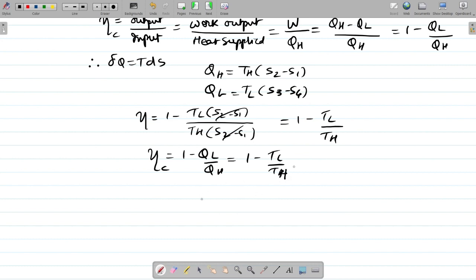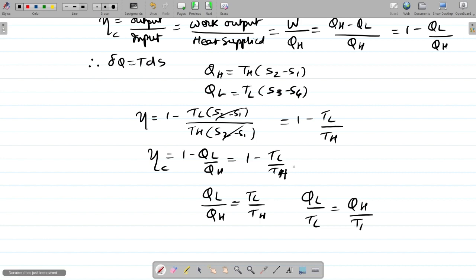The same can be written as QL upon QH is equal to TL upon TH, or QL upon TL is equal to QH upon TH, or this can be written as Q by T equal to constant.